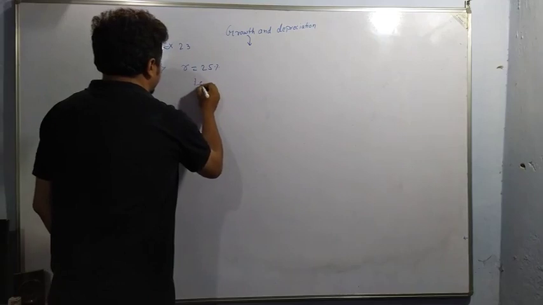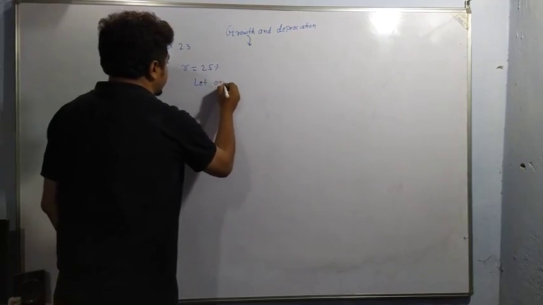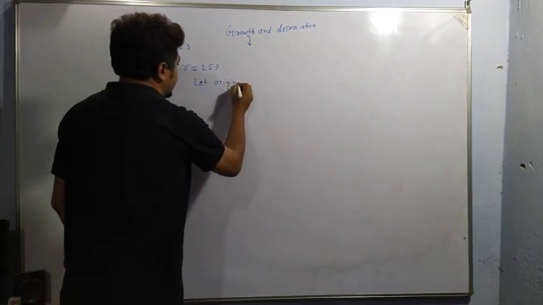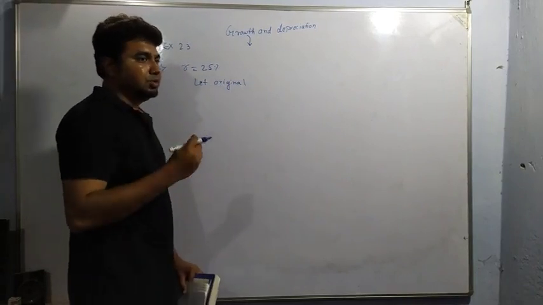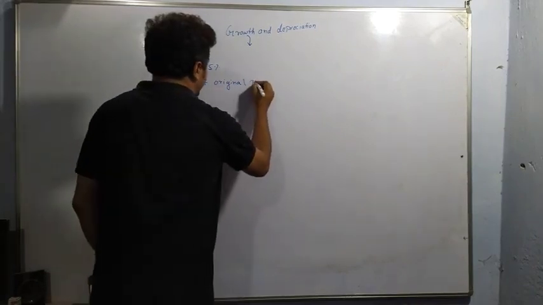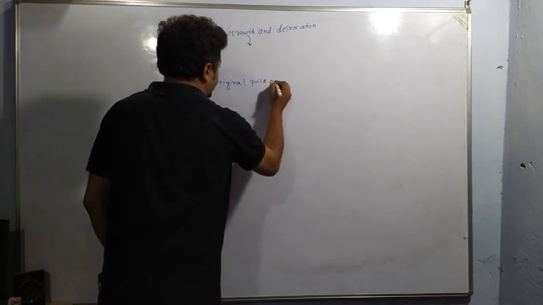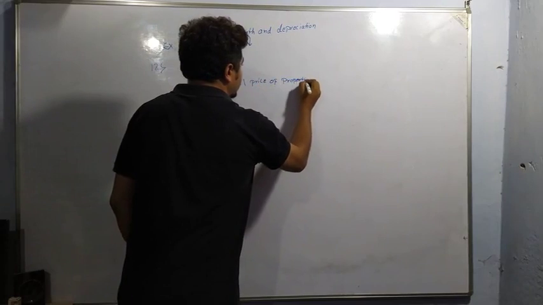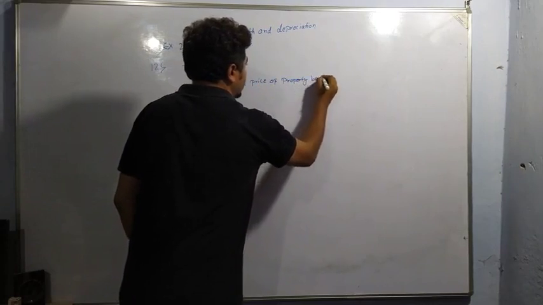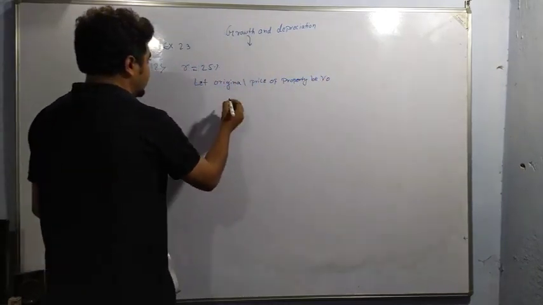So let the original price be, in this case the original price as well as the amount after 3 years is unknown to us. Let the original price of the property be V naught.